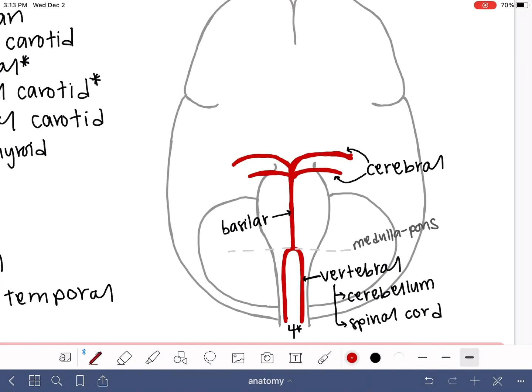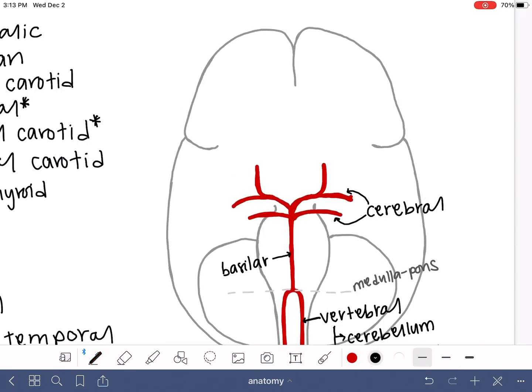There's a bunch of cerebral arteries. And then this comes up further, and this is the posterior communicating arteries. And this is like the starting of the circle of Willis that you hear about.